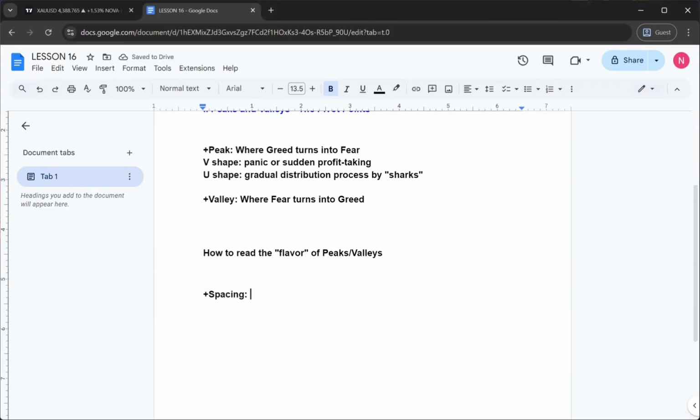If peaks or valleys appear too close together, which is dense, the market is noisy, which is choppy, and you should stay out.